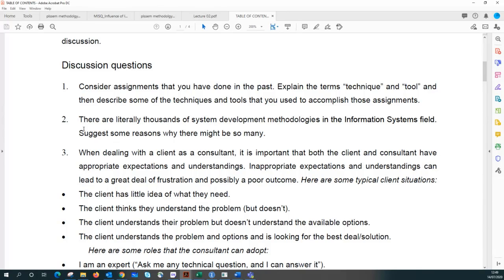Okay. So the question says, there are literally thousands of system development methodologies in the information system field. Remember that I told you, right? Some methodologies are developed by the companies themselves, going through their learning experiences of past projects.